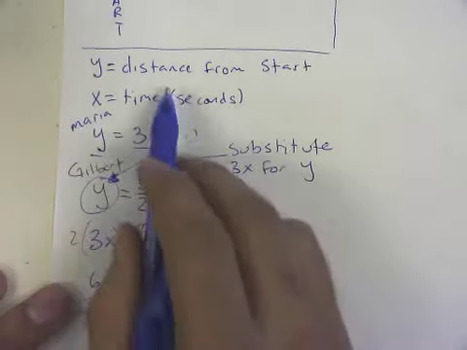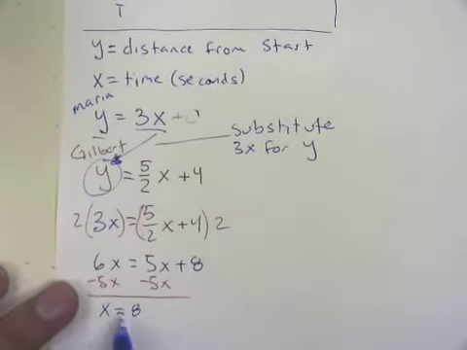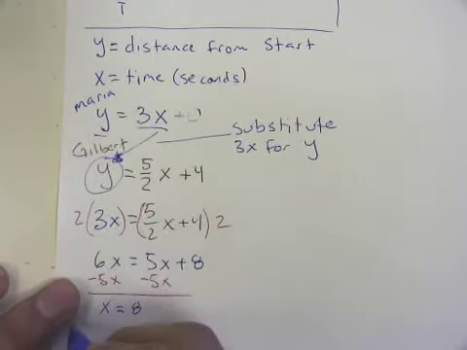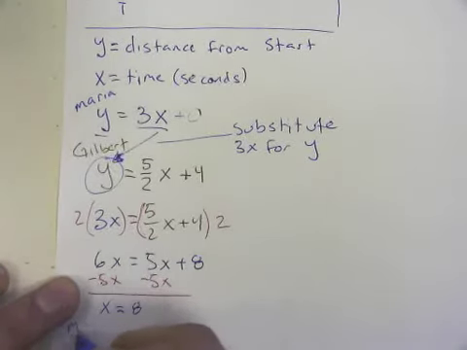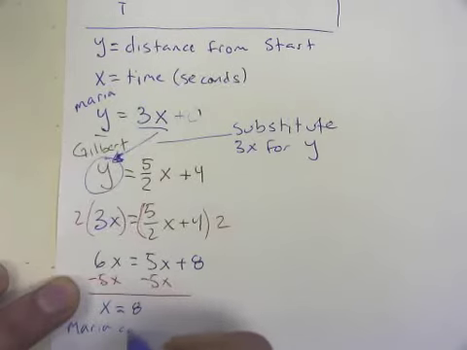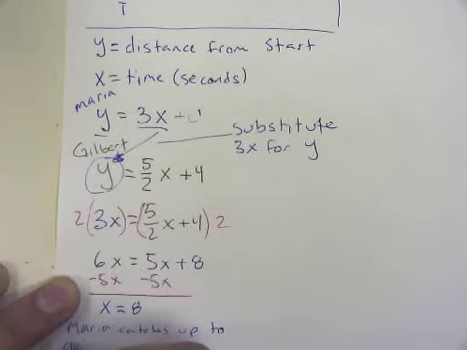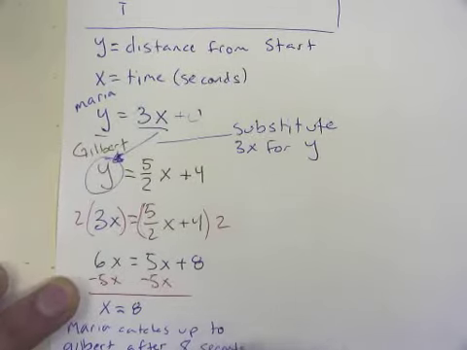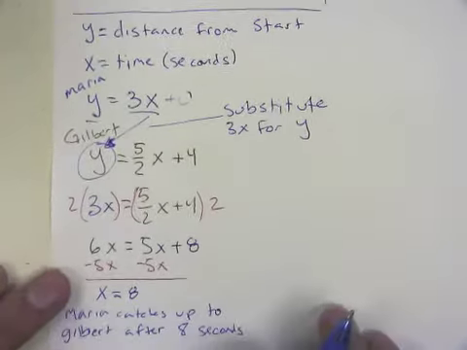In other words, Maria and Gilbert's distance from the starting line is the same when the time is 8. So Maria catches up to Gilbert after 8 seconds.